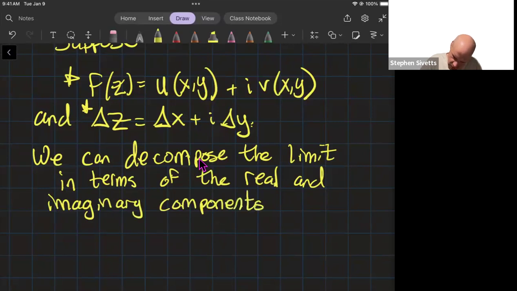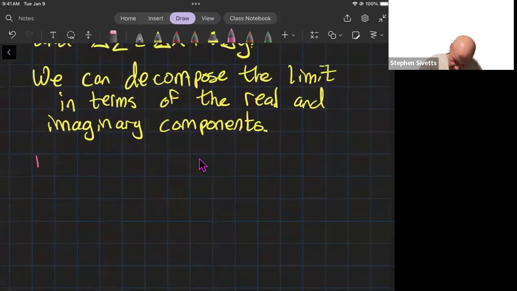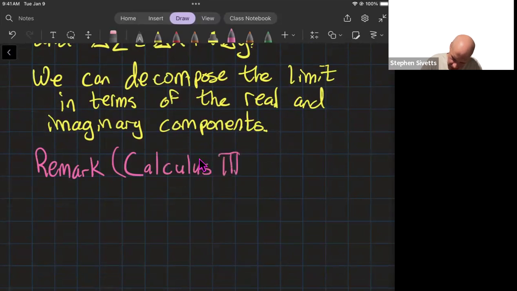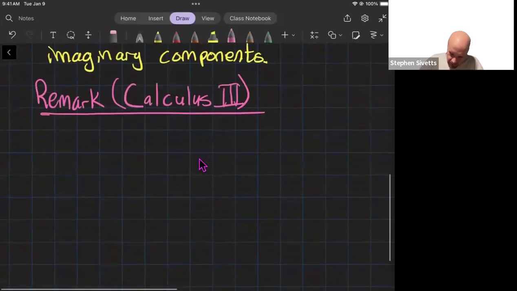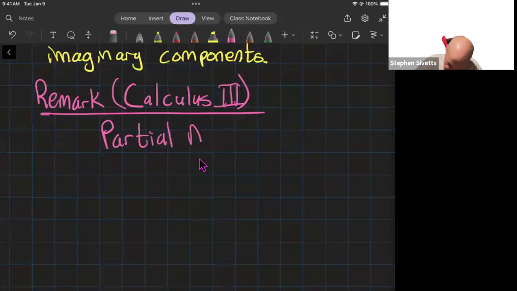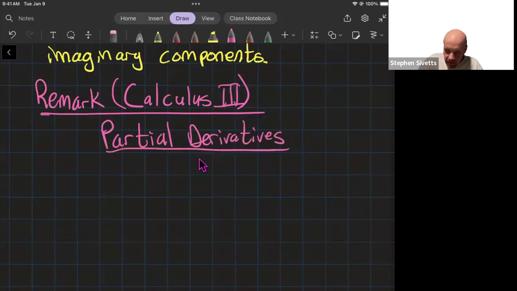Now, before I move on, I need to remark a couple of things. This will be content that you've seen in Calculus 3, possibly. And this refers to what are called the partial derivatives, okay? They are labeled like this.